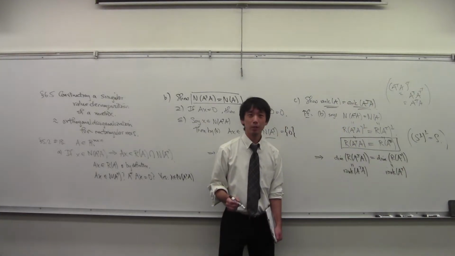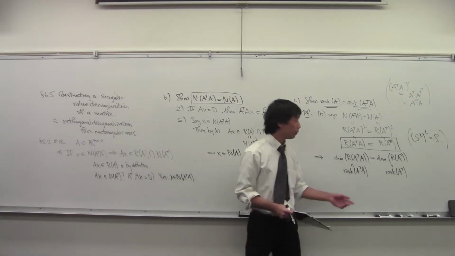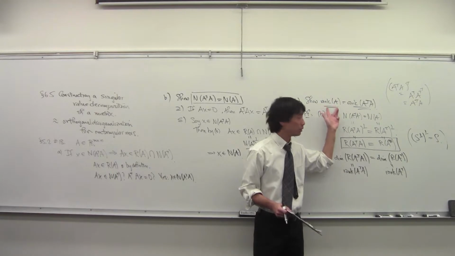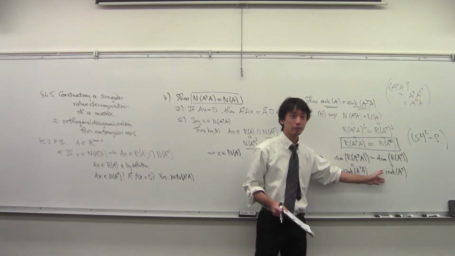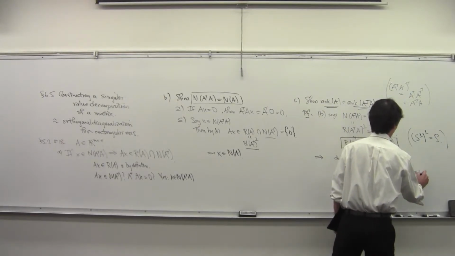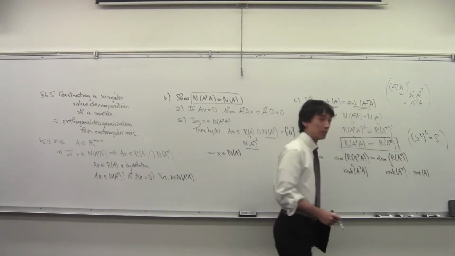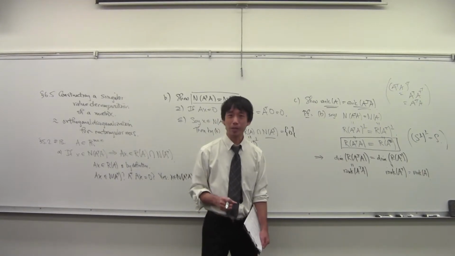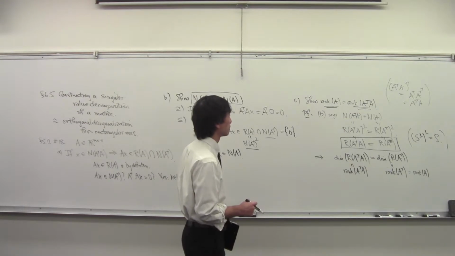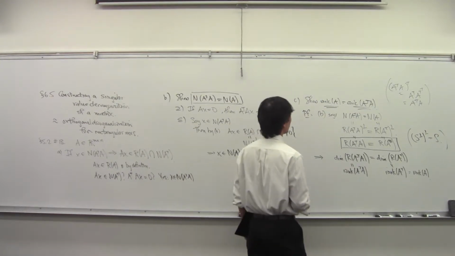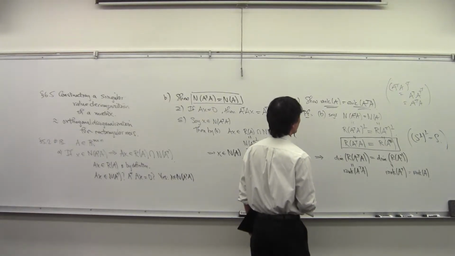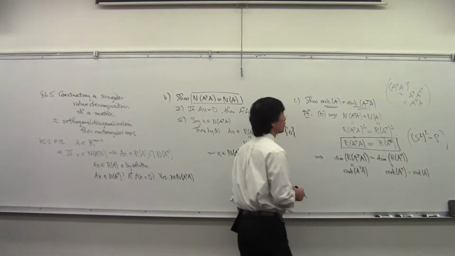You might say, but we wanted the rank of A. We're okay, because the rank of AT is the rank of A. The dimension of the column space and the dimension of the row space are the same for a matrix.